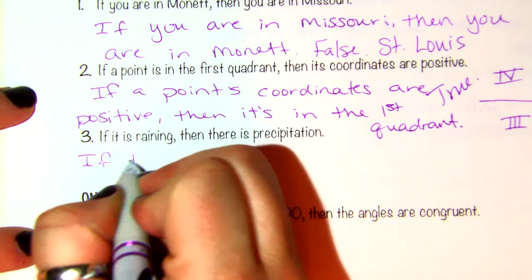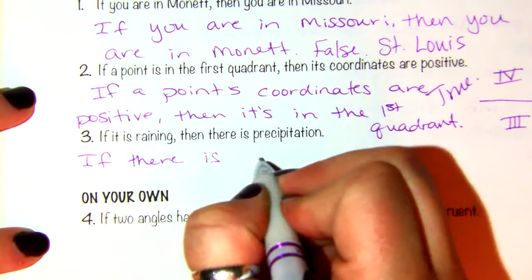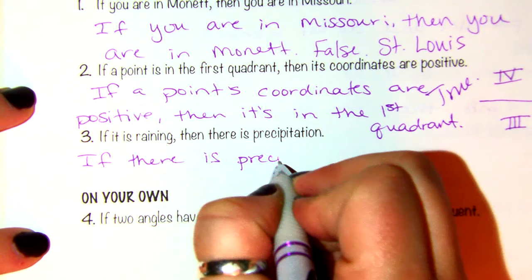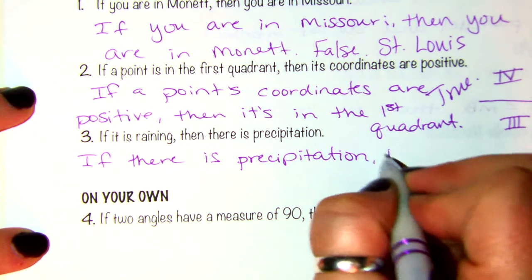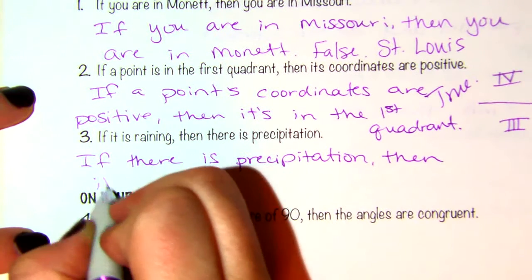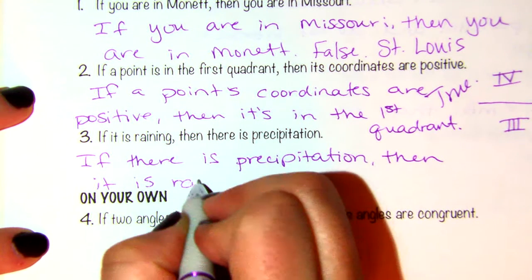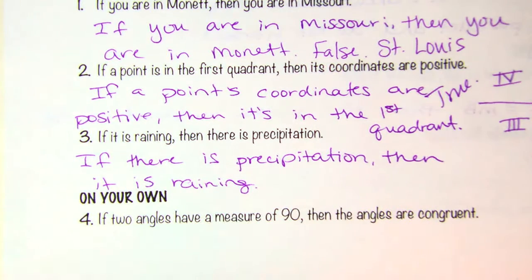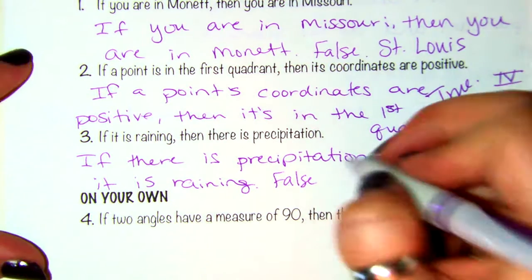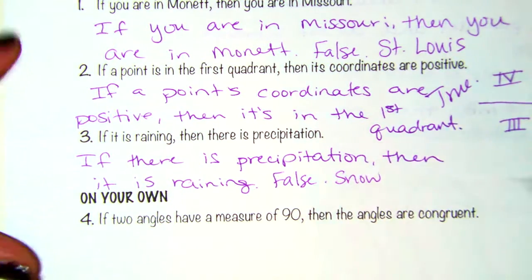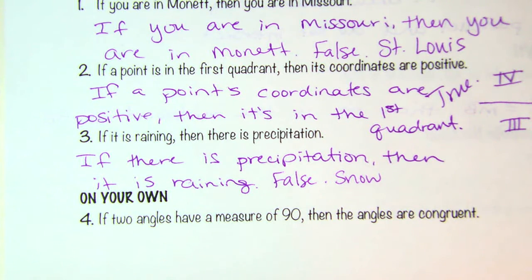If there is precipitation, then it is raining. So precipitation, I don't know like the actual scientific term, but basically it's moisture coming from the sky. So this would be false because there's other types of precipitation besides rain. So you could put snow, hail would work, ice would work, anything like that.